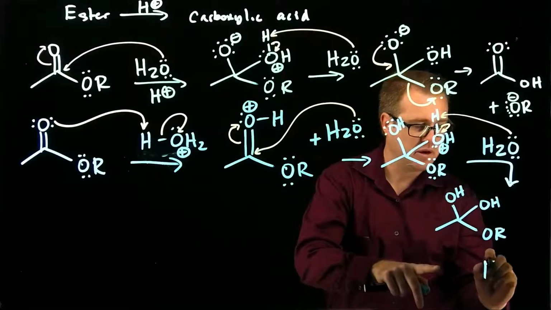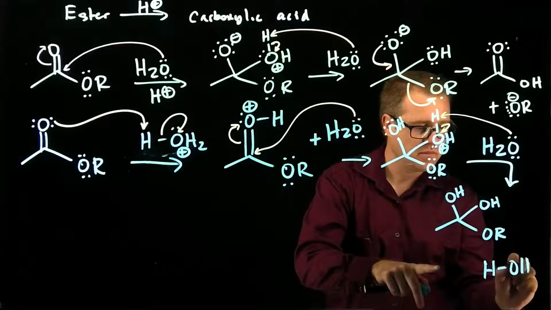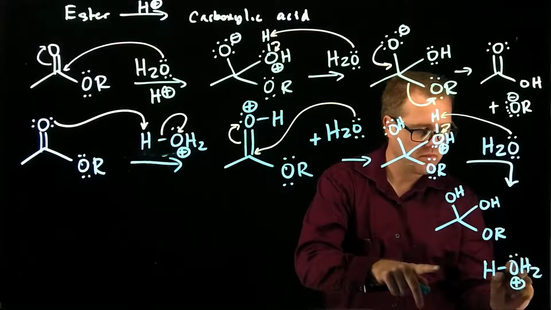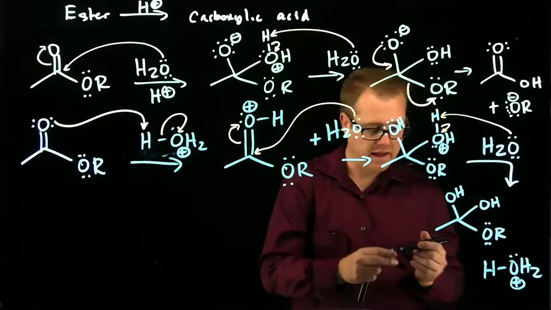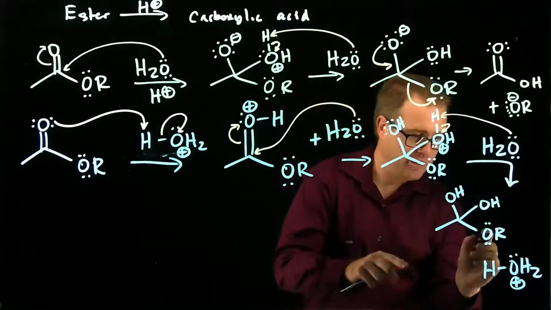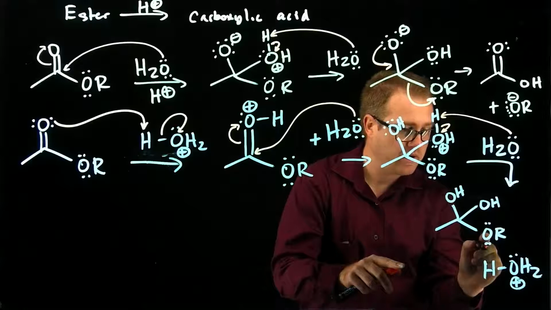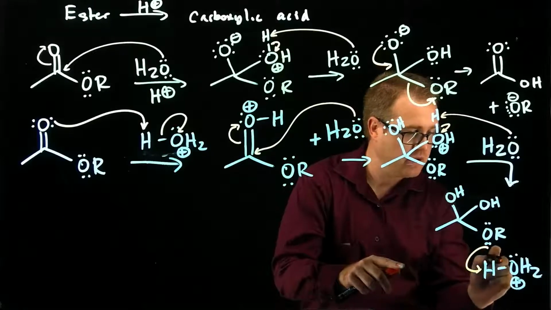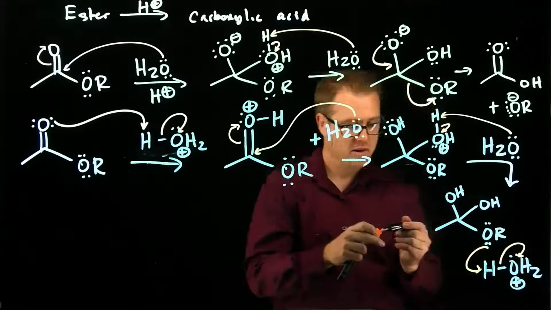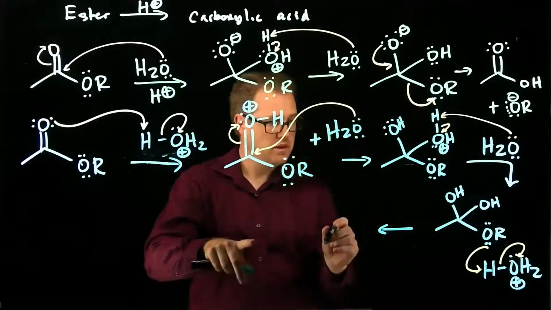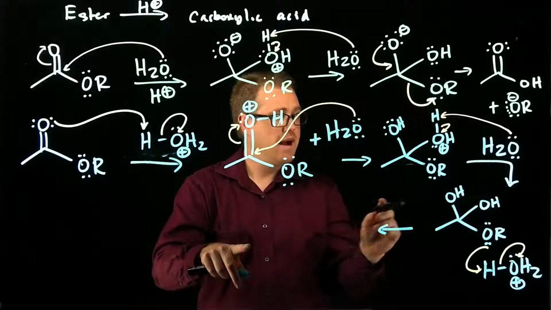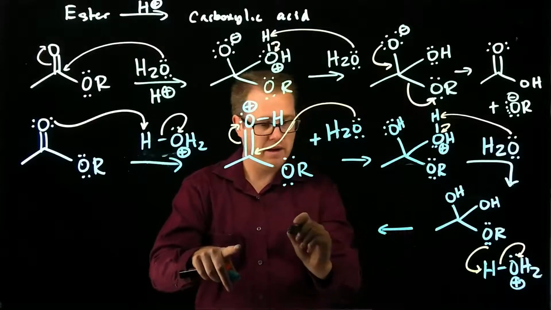We generated the hydronium. Now that hydronium, or the acid now, we're going to take the OR and convert that into a good leaving group. So that's going to protonate it.